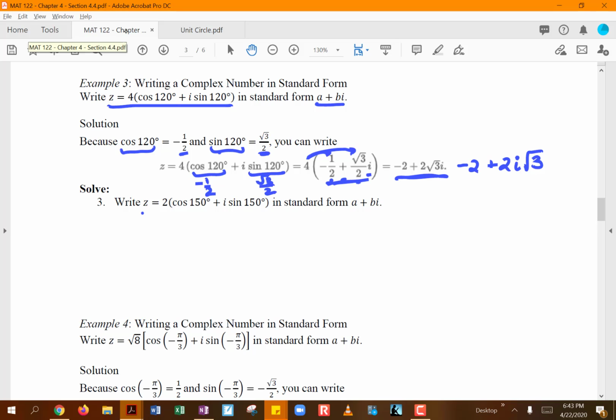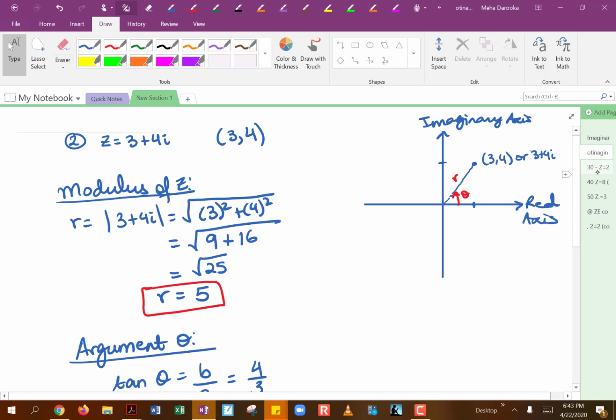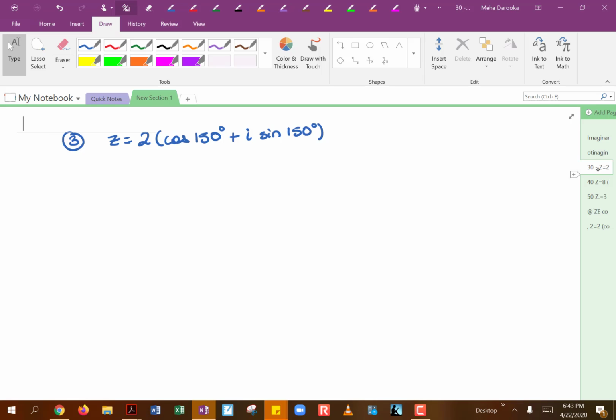So let's see what we can do with our example over here. So we are given z equals 2 times cosine of 150 degrees plus i sine of 150 degrees. So let's go ahead and see what cosine of 150 degrees and sine of 150 degrees are going to be.